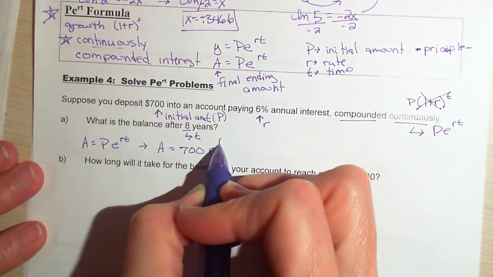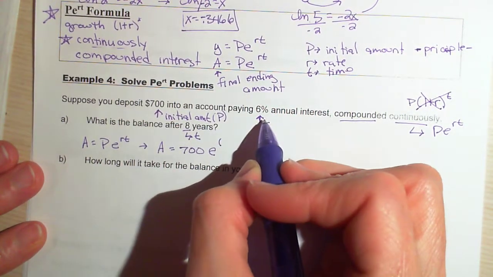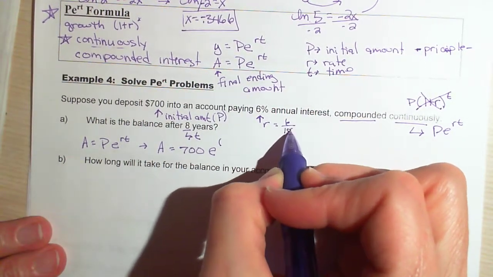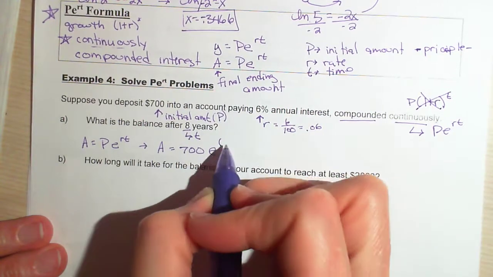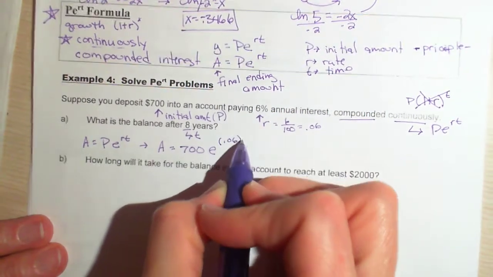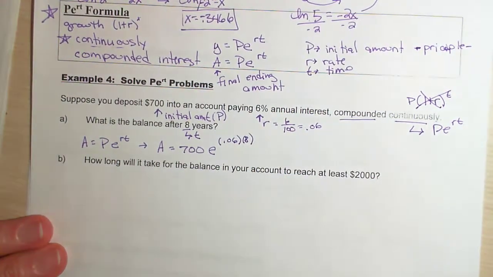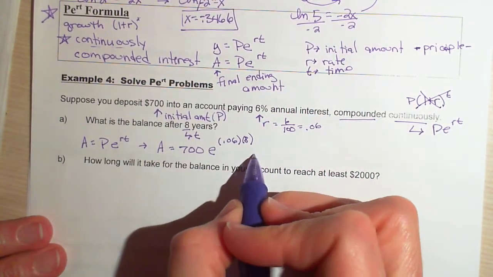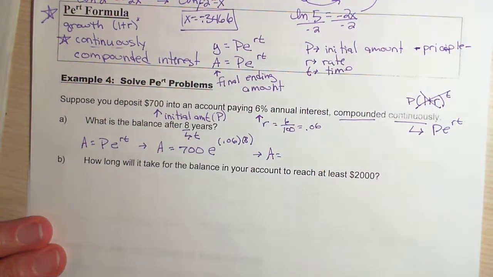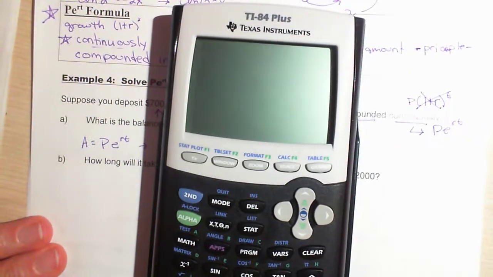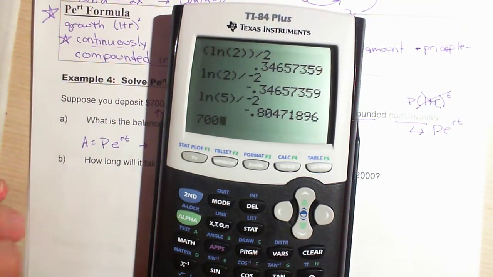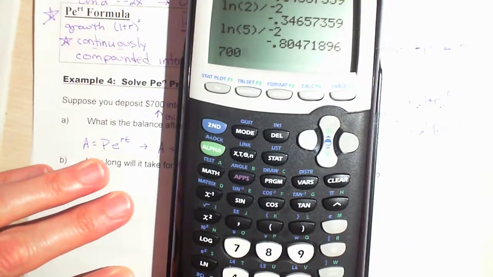E to the exponent of R, and remember we always do the percent divided by 100, so that would be 0.06, not 6, times 8. And if you're using your parentheses carefully, you can put that whole thing in your calculator. Let's try it here. Turn my calculator back on. So I have 700, use your E, you guys can't see that down here.